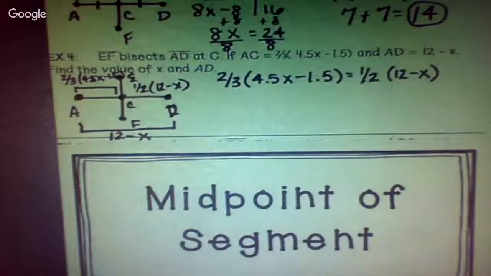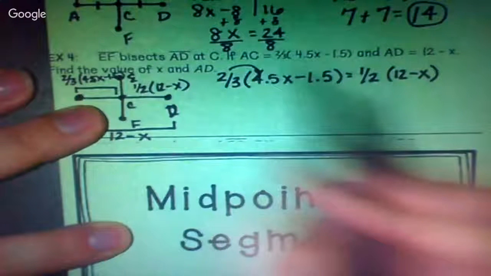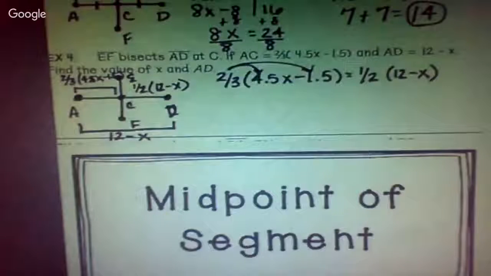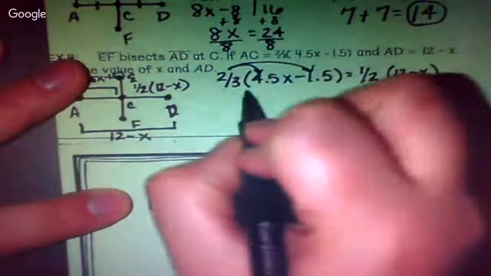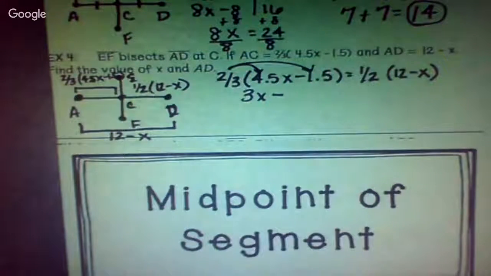Okay, so the first thing I need to do is distribute this 2/3 through. So what is 2/3 times 4.5? It should be 3. Actually this one you won't need to put in parentheses because it'll do order of operations. So this should be 3x minus, what's 1.5 times 2/3?